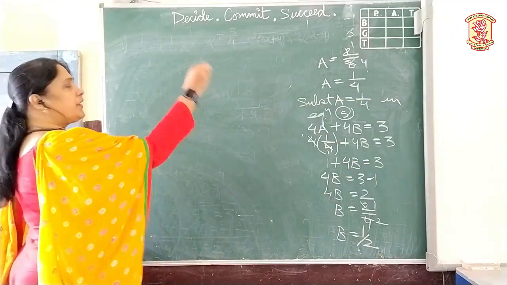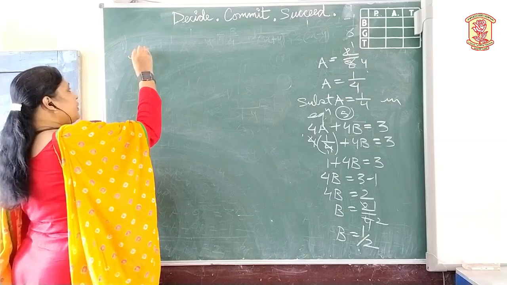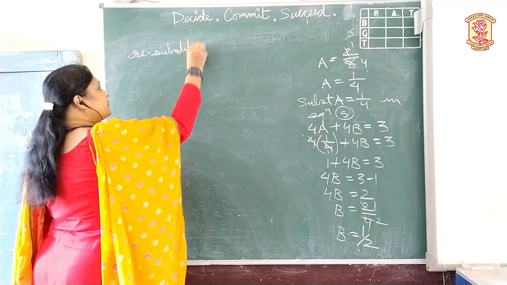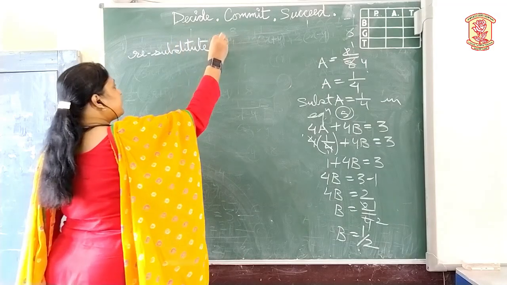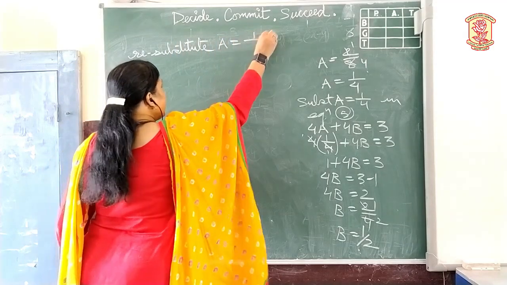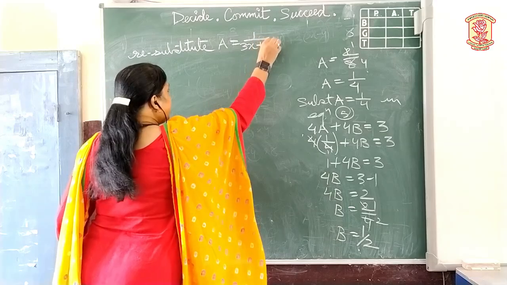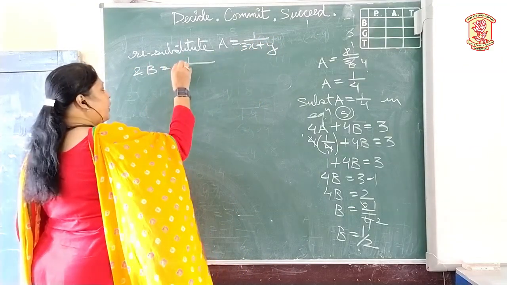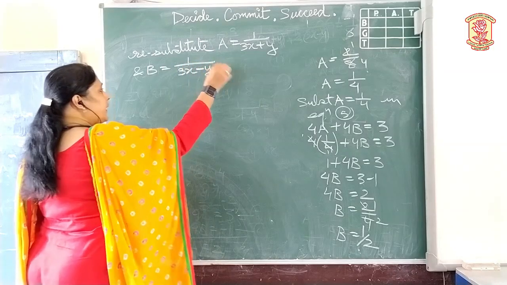Now resubstitute the values of a and b. So resubstitute a equals 1 upon 3x plus y and b equals 1 upon 3x minus y.